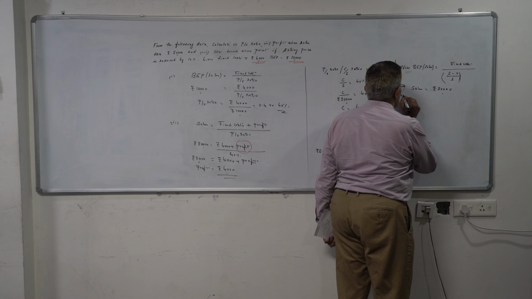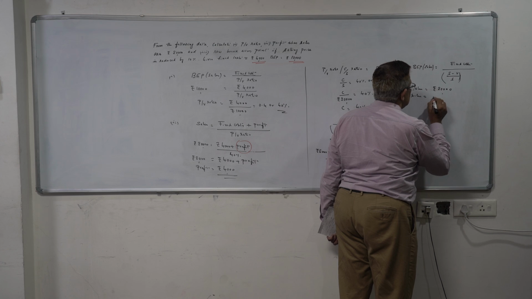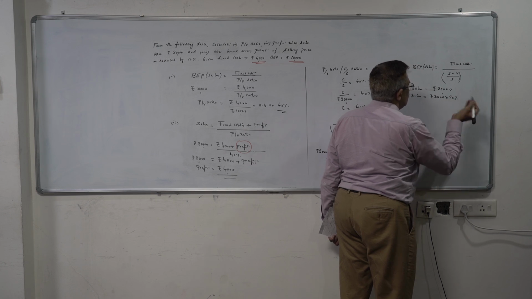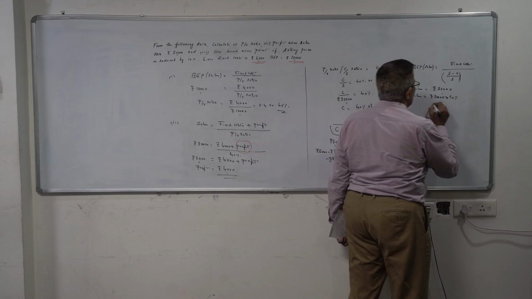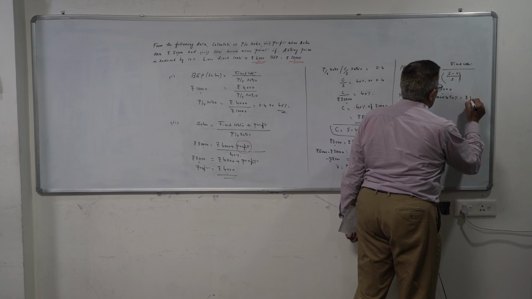New sales figure is rupees 20,000 multiplied by 90% because 10% is reduced. So the new sales value is rupees 18,000.